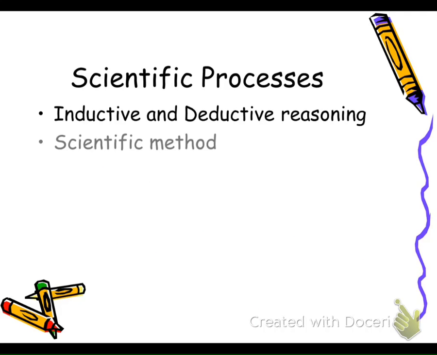So, scientific process. We do both inductive reasoning as well as deductive reasoning. Basically, are we going to find the reasoning by going into the answer, or do we have an answer that we want to deduce from, kind of like what House does. There's a scientific method which you have all probably learned from the beginning of time, and then you always have to have your control group.